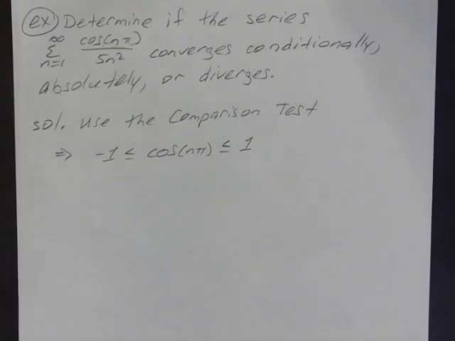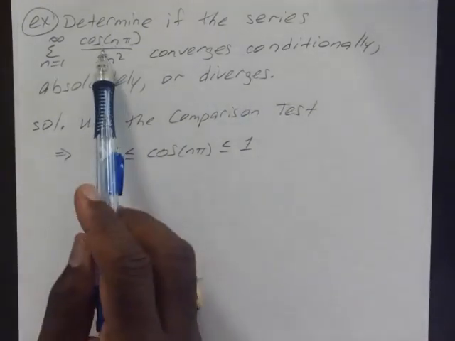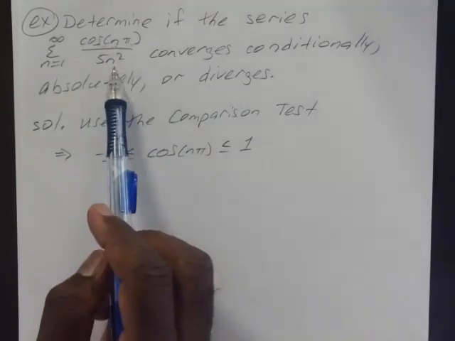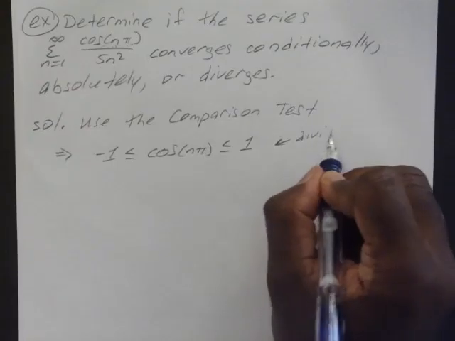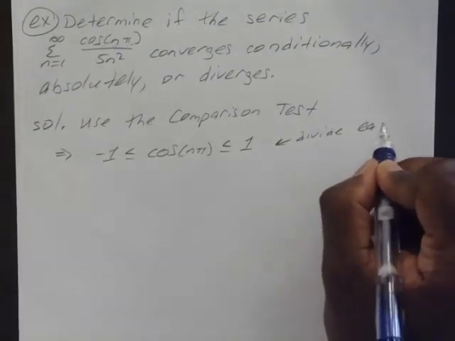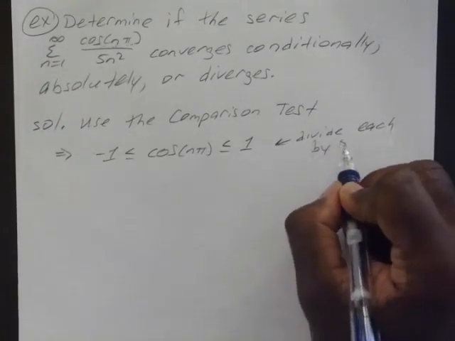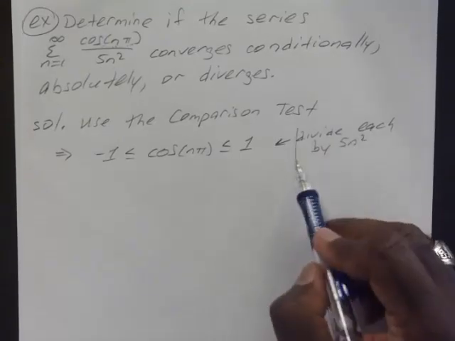So it's similar to how you would start the squeeze theorem. So now, since we're looking for cosine of n pi divided by 5n squared, we're going to divide each section by 5n squared.